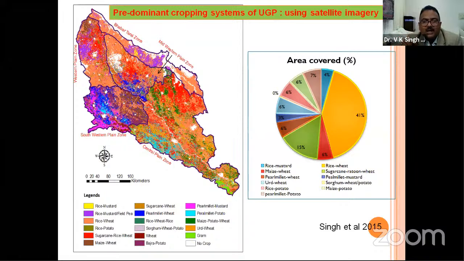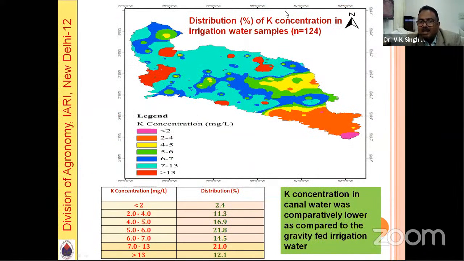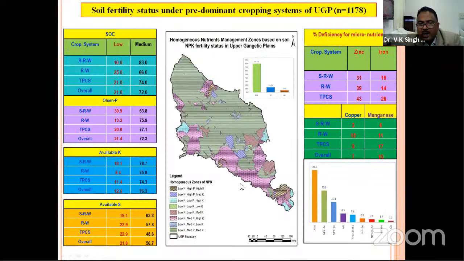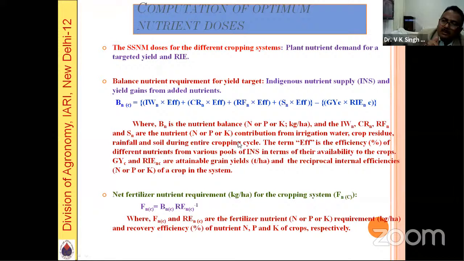Using those data, one can develop for each individual field what kind of crop pattern is being followed, and overlaying these are the homogeneous management zones. How much nutrient is being supplied through water, through soil. These zones we developed, and overlaying these zones, we can develop the specific zone, which kind of production and nutrient management technology we have to adopt.